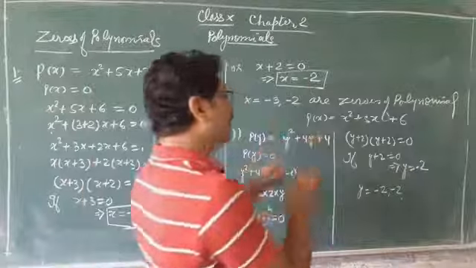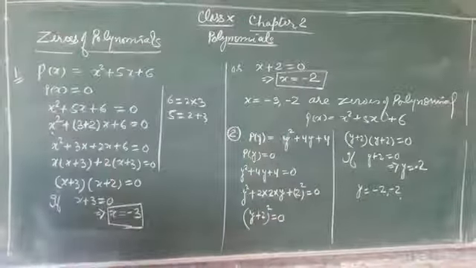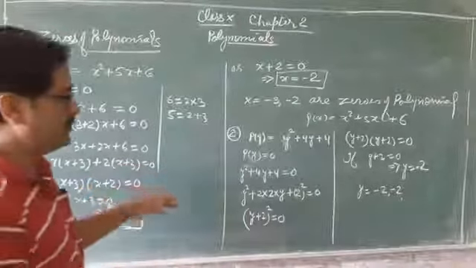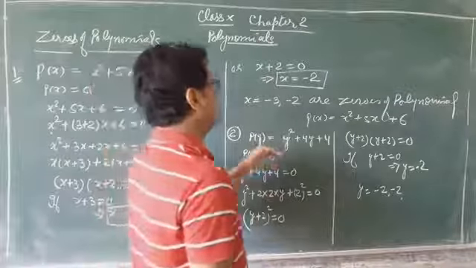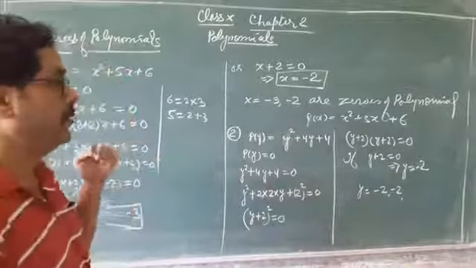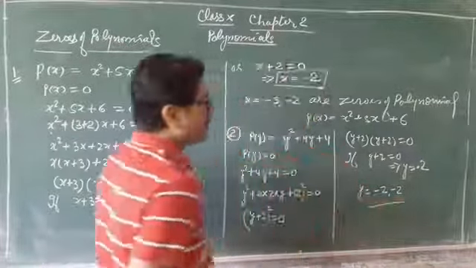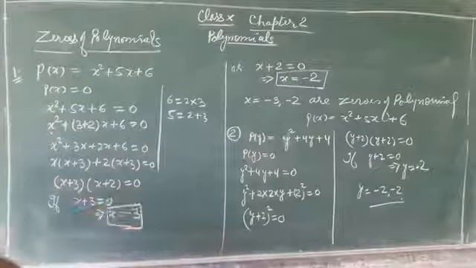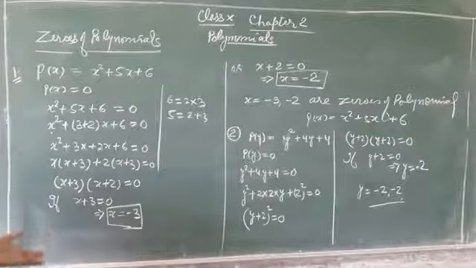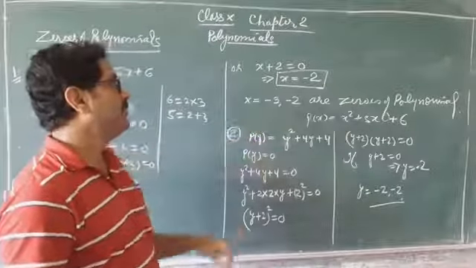There are two zeros which are identical, meaning equal zeros. So the number of zeros of a polynomial is always equal to the degree of the polynomial. Both zeros are equal, meaning identical. It may or may not be. Here both are different, distinct zeros.